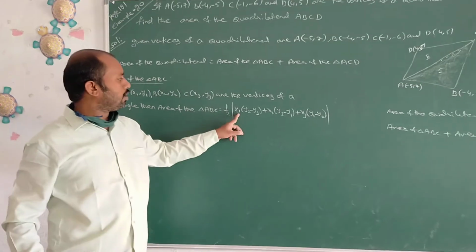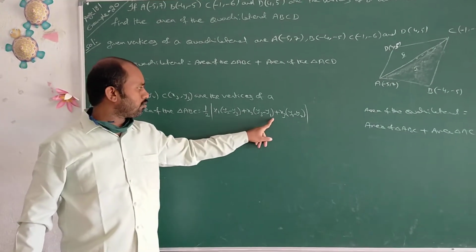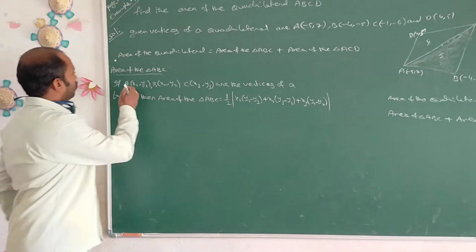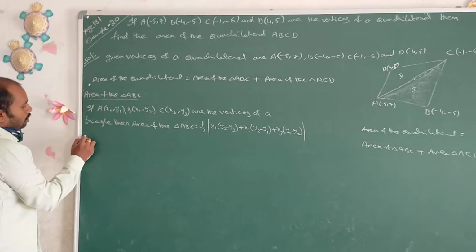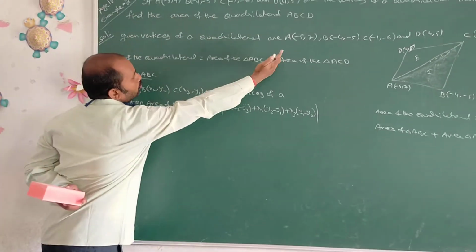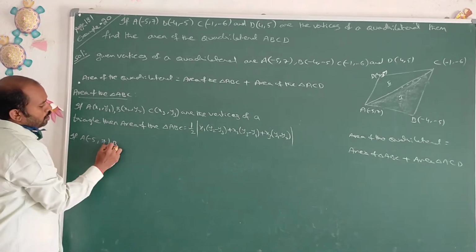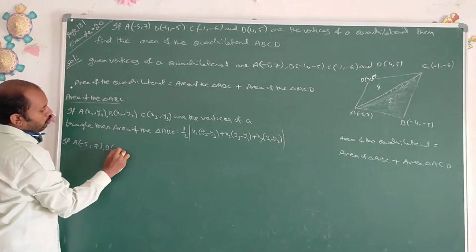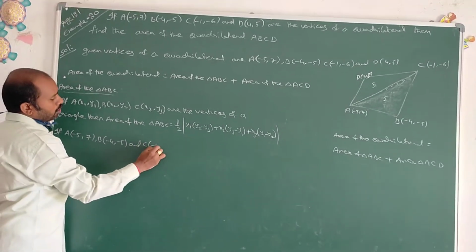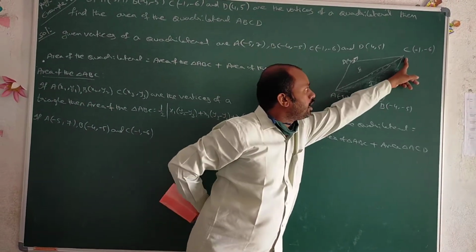Now here A is (-5, 7), and B the second vertex (-4, -5), and C (-1, -6). Here ABC first triangle area now you can find.